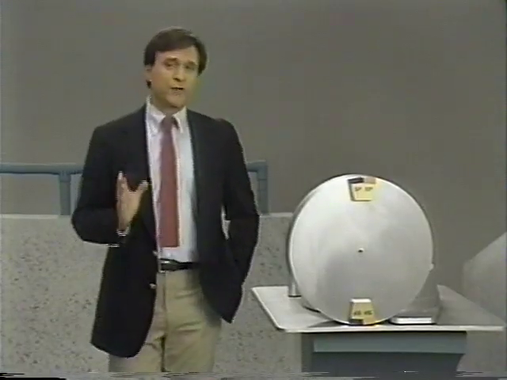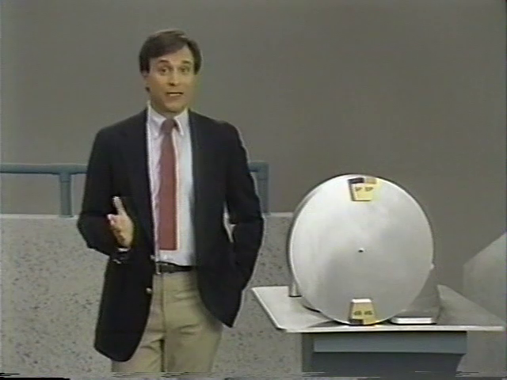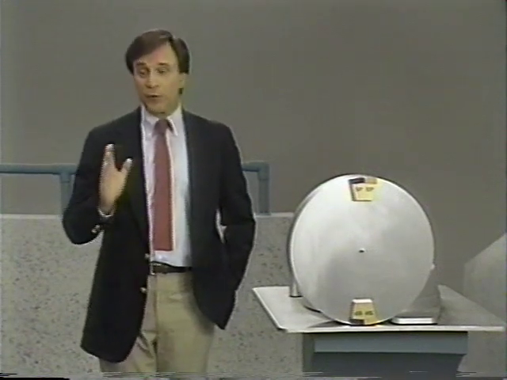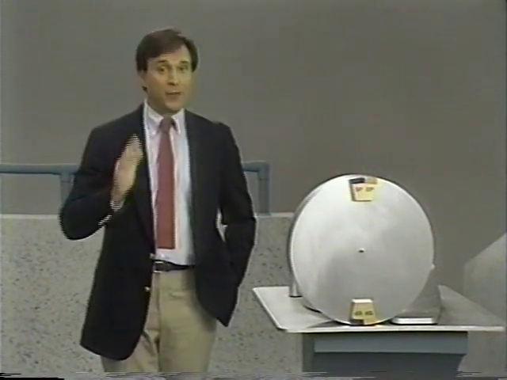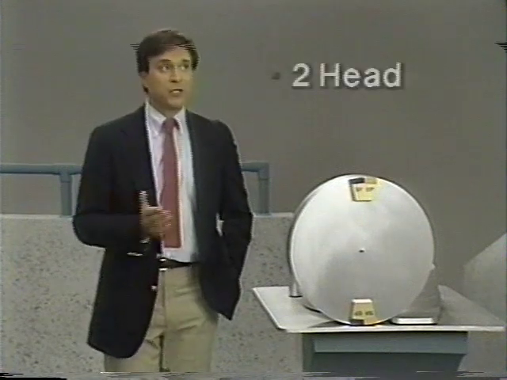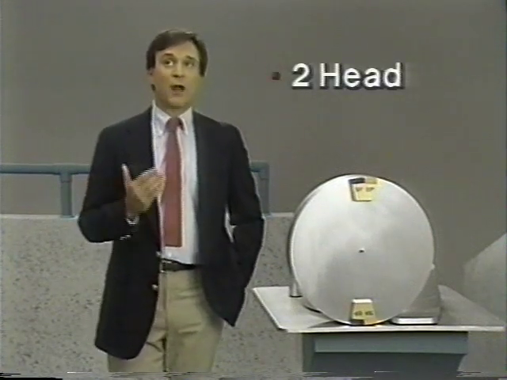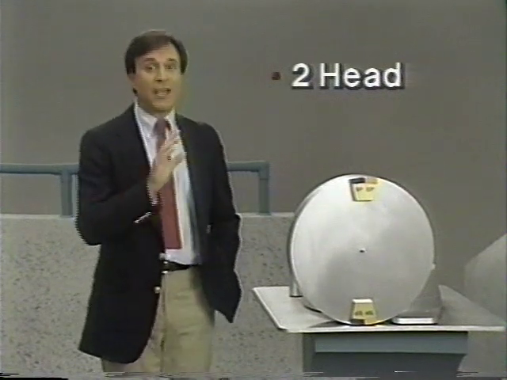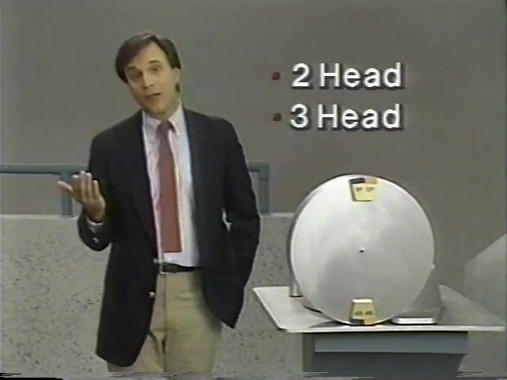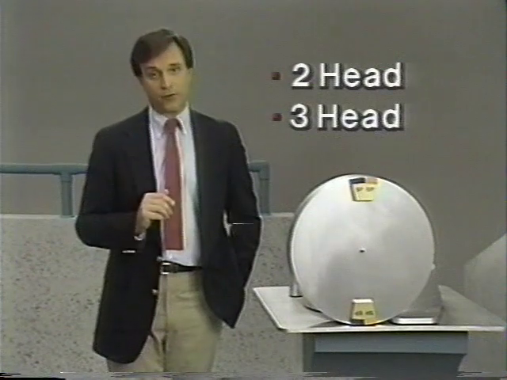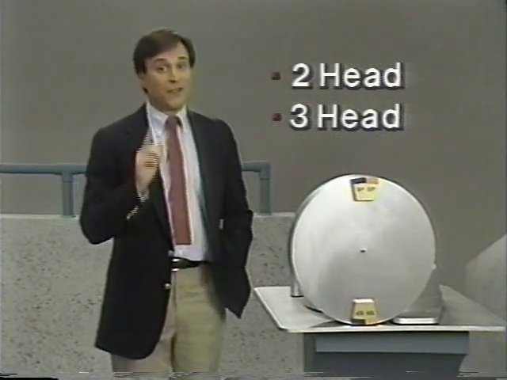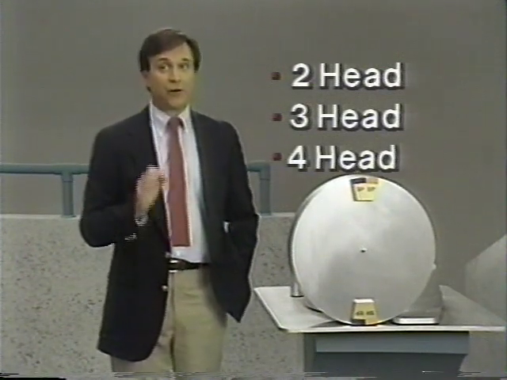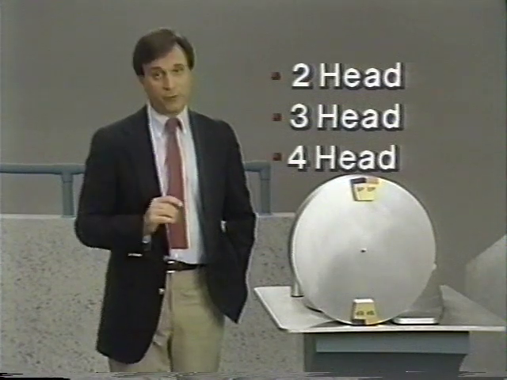Now, from what we've shown you, it's obvious that picture quality is closely related to the number of video heads available for recording and playback. And we know, for example, that 2-head VCRs are designed for optimum performance in the EP tape speed. And we know that 3-head machines generally outperform 2-head machines in special effects modes. Now, in addition, we know that 4-head VCRs are designed for optimum performance in both tape speeds.